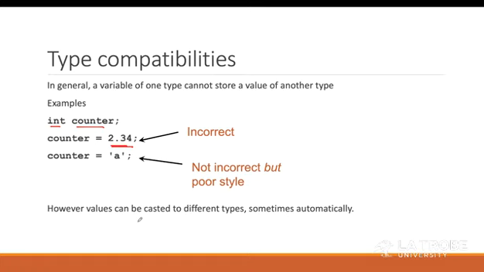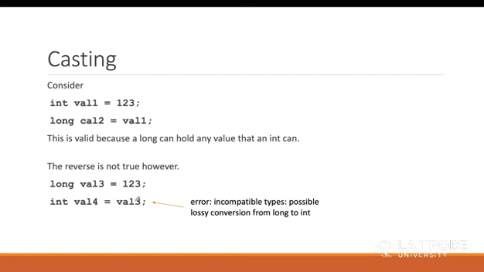However, these values can be cast to different types. Sometimes it just happens automatically. For example, let's say you have declared a variable value1 of type integer, and the value assigned to value1 is 123.